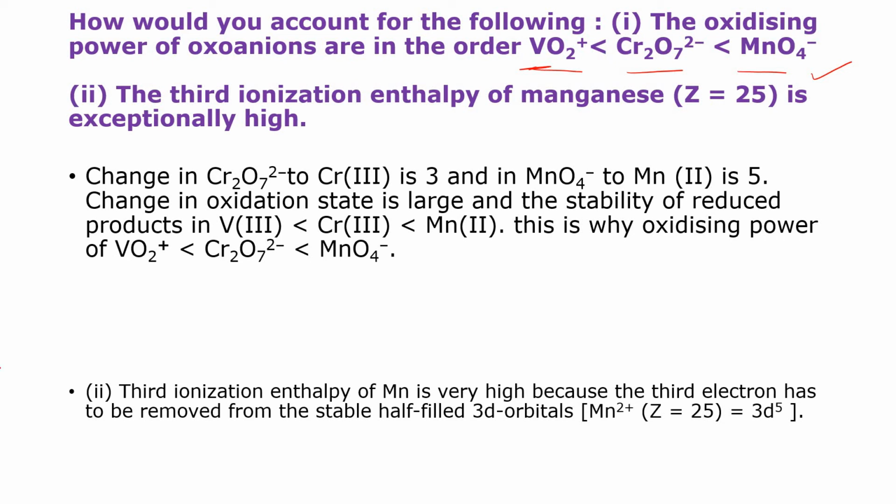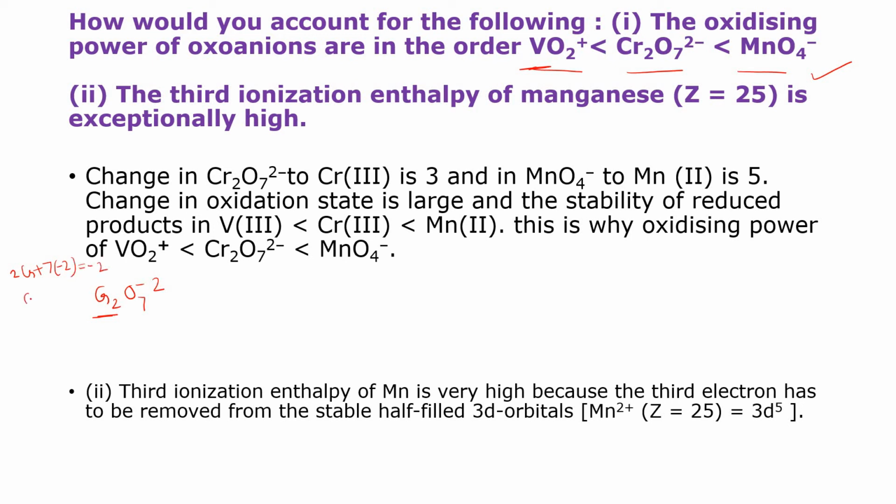I will explain by taking chromium, Cr2O7. First of all I will write here Cr2O7 2-. What is the oxidation state of chromium here? Number of times we discussed: 2 chromiums plus 7 oxygens, each oxygen carries minus 2, is equal to the overall charge, minus 2.